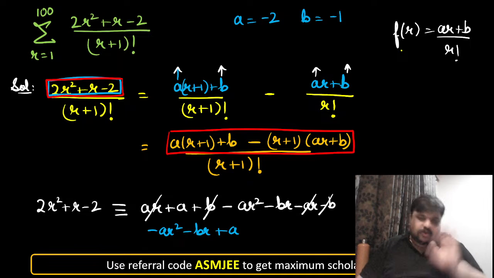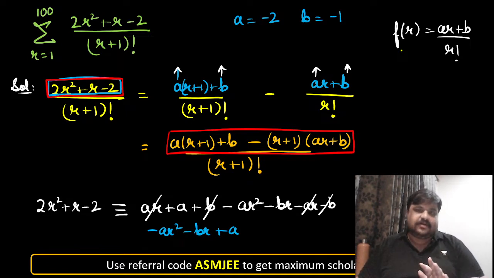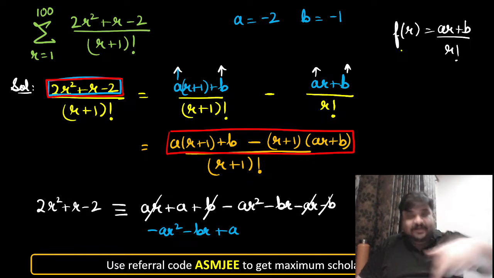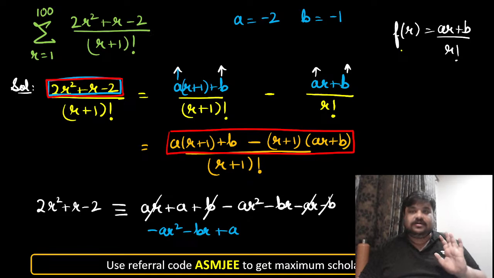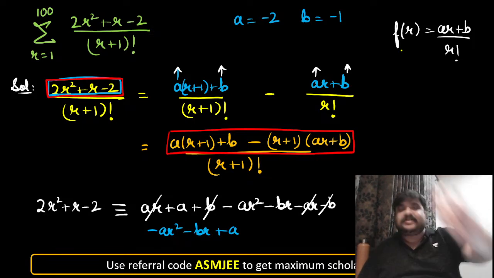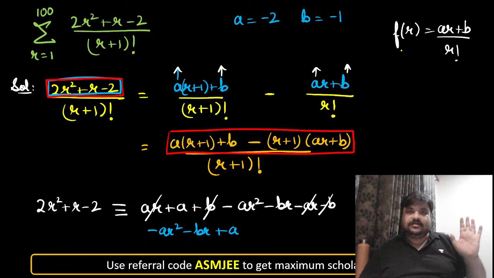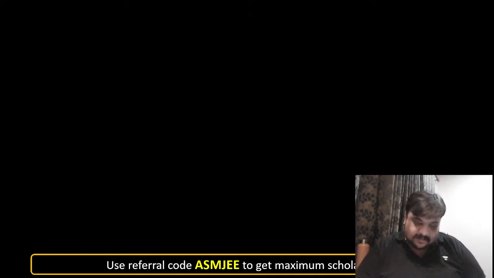What happens in telescoping? Do you guys even know what telescoping is? Tell me, I'll teach telescoping now. If you do not know, first tell me, then I'll teach it first. What happens in telescoping?